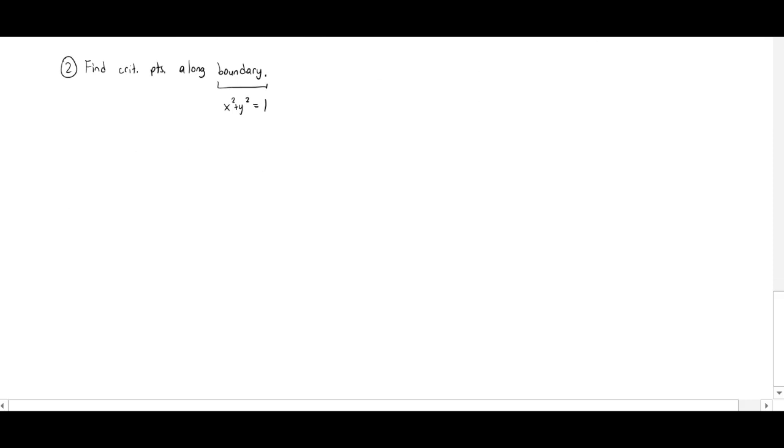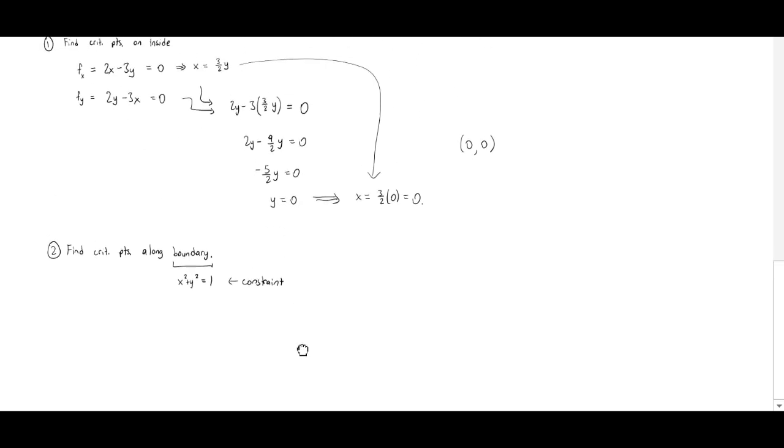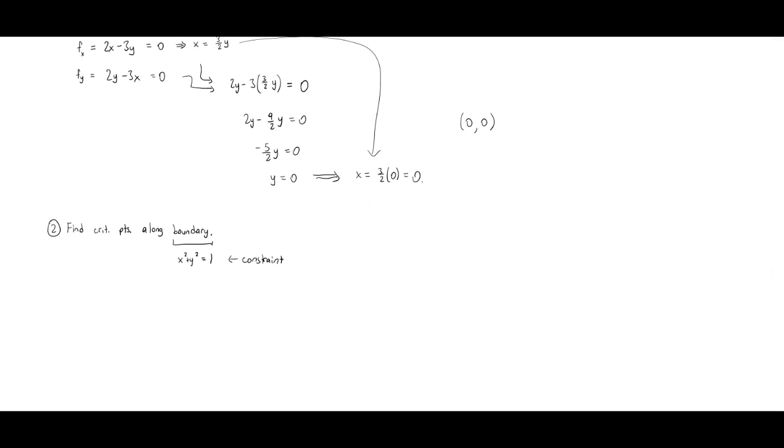So basically this equation for the boundary is your constraint. Then we're going to do Lagrange multipliers. This is our g of x, y. So we're going to do fx is lambda gx, and fy is lambda gy.